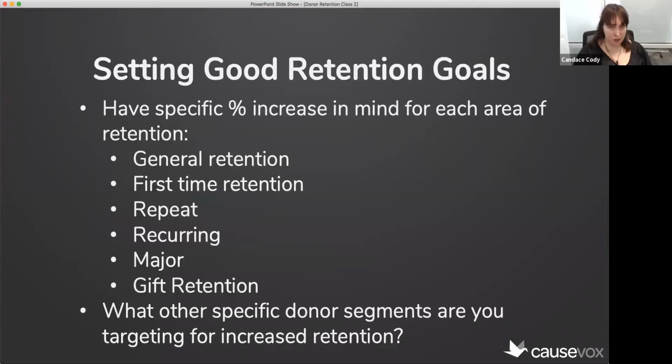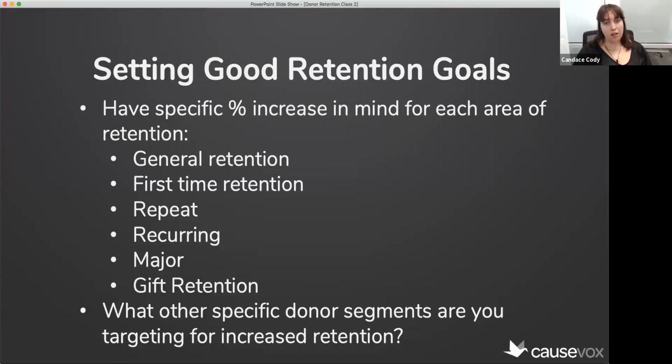So general retention, how much you plan to increase retention this year, and then have that added up between first time, repeat, recurring, major donor, and gift retention as well. It all culminates to help you get to your ultimate goal of increasing your retention rates.